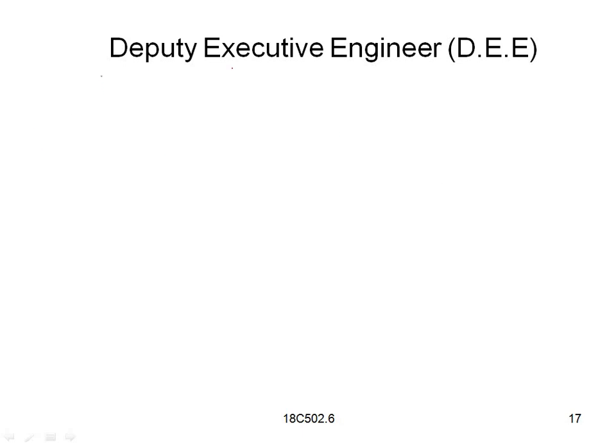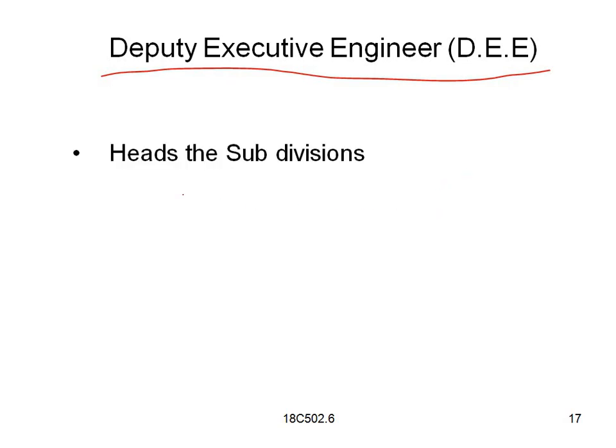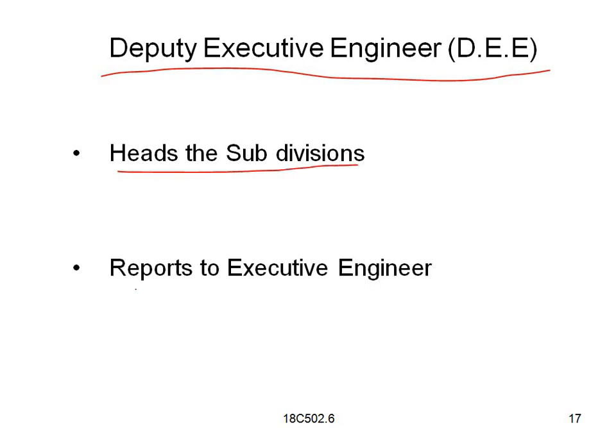executive engineer, which is also called DEE. Okay, so he is under the category of the executive division, and he heads the subdivisions, and he should report to the executive engineer. So here when they get promotion, these DEE people will become EE.